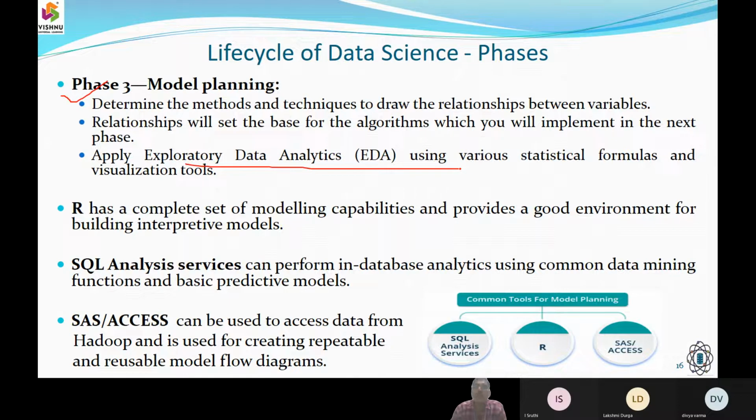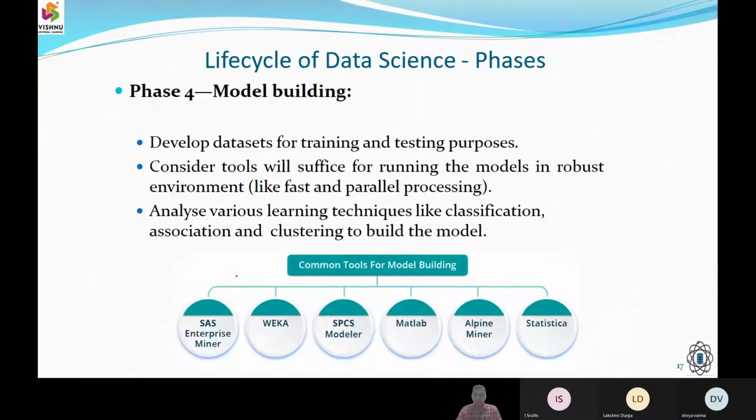So we will understand the data by applying some statistical formulas and making some visualizations, etc. And as part of the syllabus, we will be using the R language. In fact, most of the experiments we will be taking up in this course will be done with R programming itself.